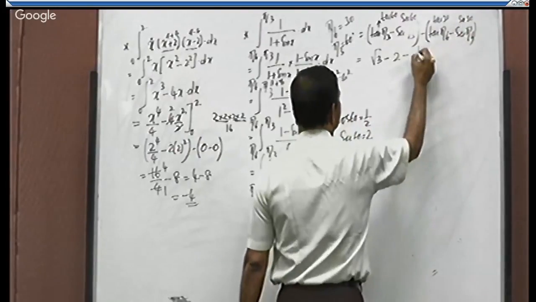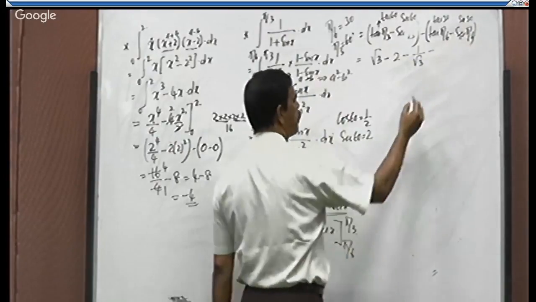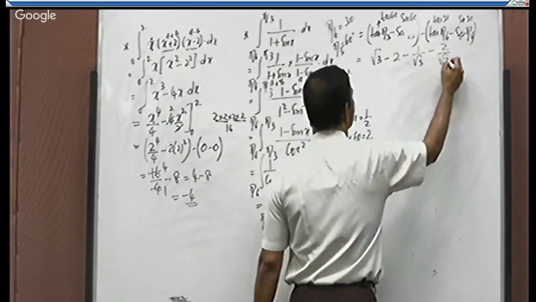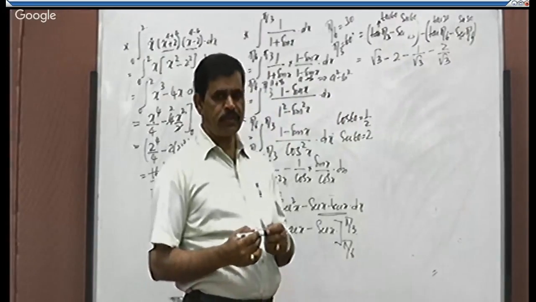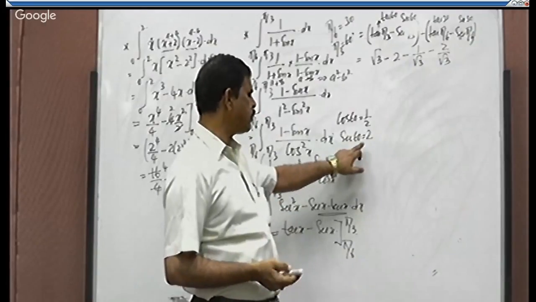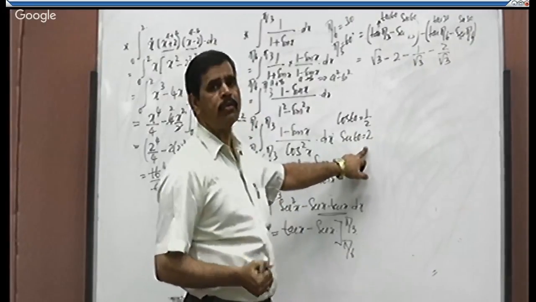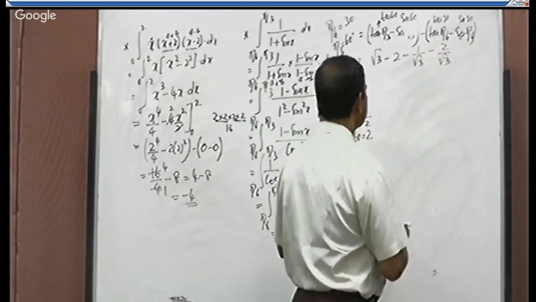Tan 30 is 1 by root 3, minus secant 30, which is 2 divided by root 3, because cos 60 is 1 by 2. Therefore, we have taken secant 60 as 2. Cos 30 is what? Root 3 by 2. Therefore, secant 30 becomes 2 by root 3.